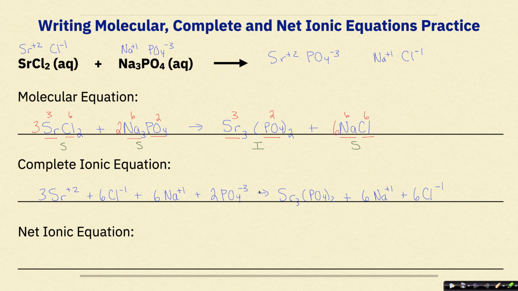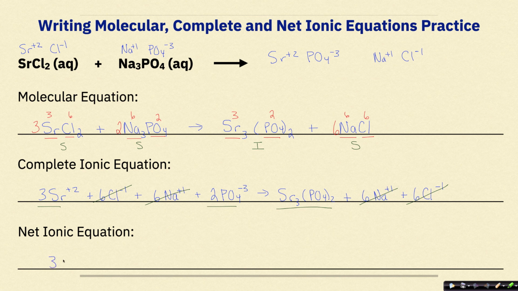Okay, next thing I'm going to do is look at my complete ionic equation, and I am going to look for spectator ions, ions that are the same on both sides of the equation. So 6Na plus 1, 6Na plus 1, 6Cl minus 1, 6Cl minus 1. So I am left with these two reactants and my one insoluble product. The last thing that I need to do is recopy this net ionic equation, only showing the ions that are involved.